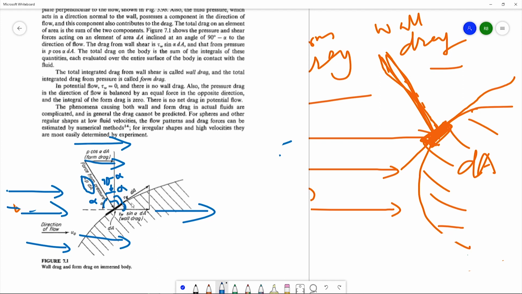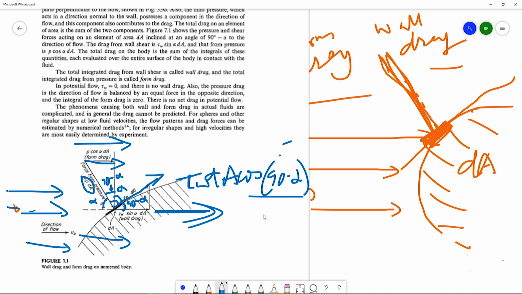Then this is 90 minus alpha, right? So the component of this shear stress in this direction will be tau W, the shear at the wall, dA into cos of 90 minus alpha, right? Now cos of 90 minus alpha is nothing but sine alpha. So tau W dA sine alpha. So this is your wall drag.